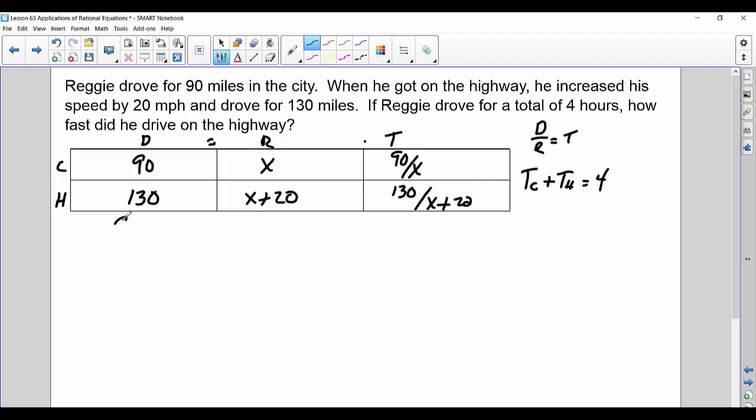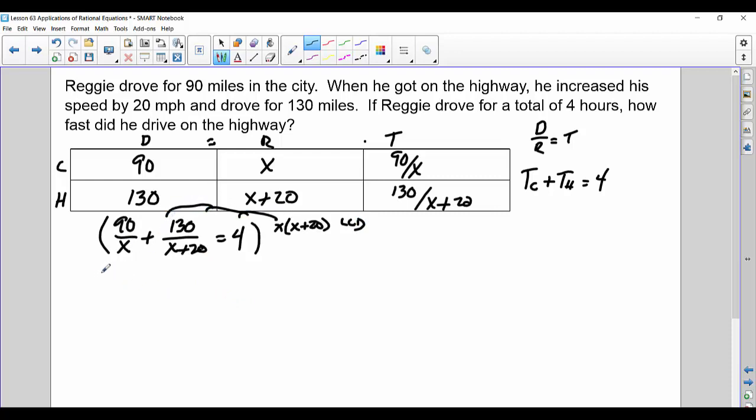So I have 90 over x plus 130 over x plus 20 is equal to 4. Multiply by the LCD, and the LCD in this case is x times x plus 20.